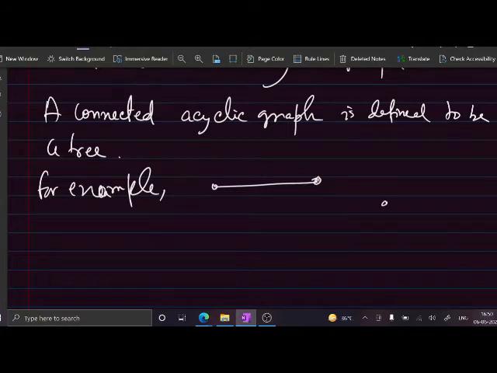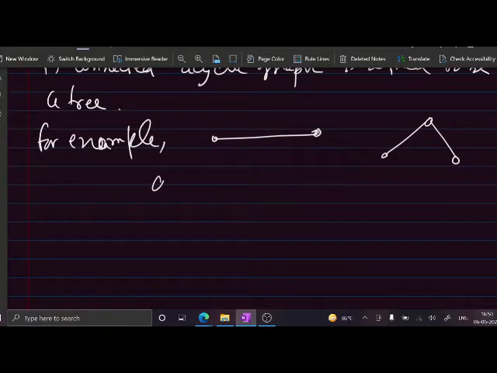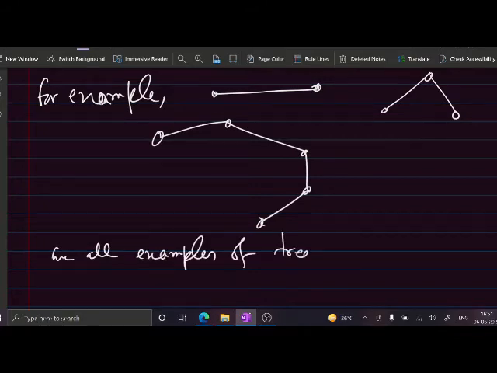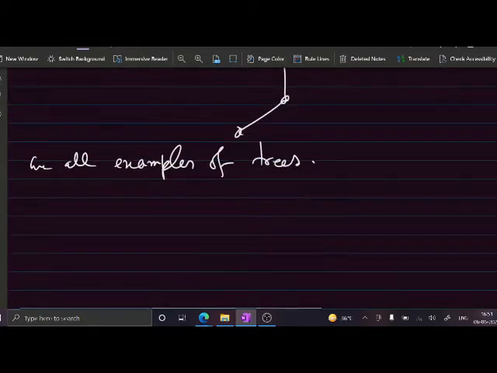Similarly, this is a tree, and this is a tree. So these are all examples of trees.